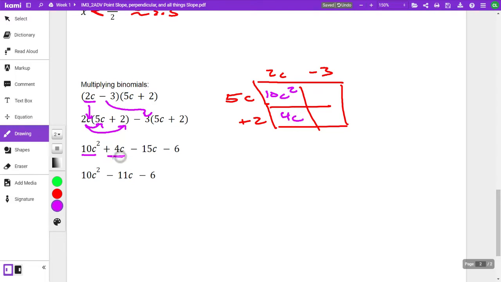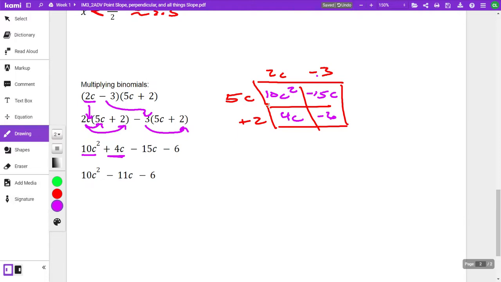On the other side, negative 3 times 5c is negative 15c. And finally, negative 3 times 2 gives me negative 6.